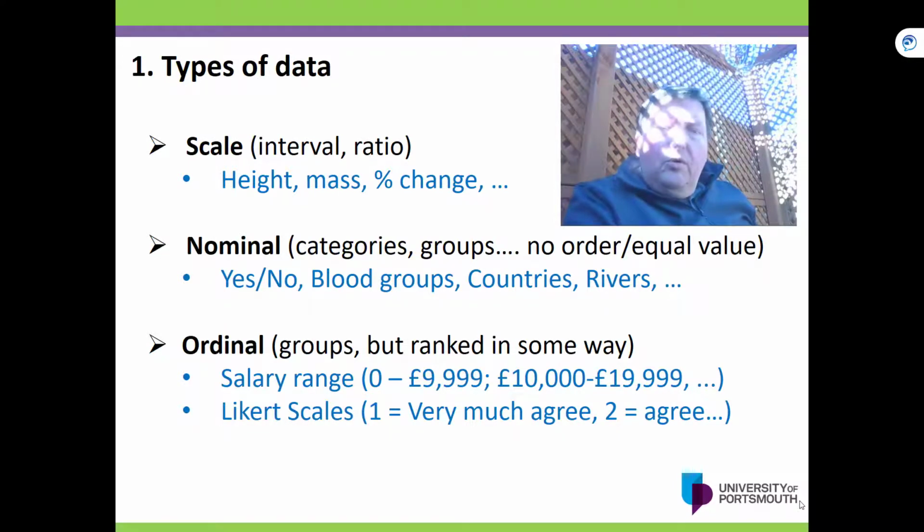And then there's something called ordinal data. This is a bit like groups, but there's some kind of ranking. So it might be something like salary range.